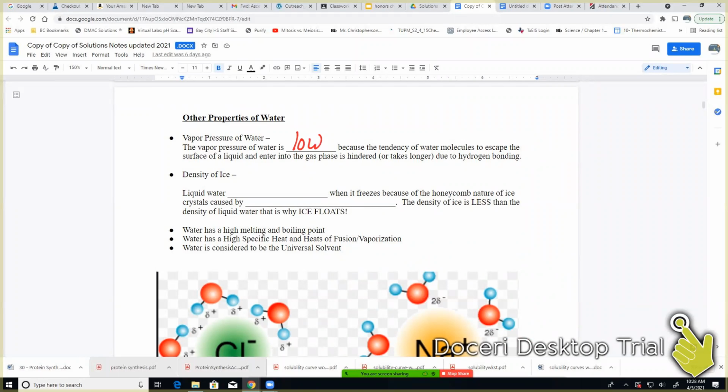We also know that liquid water floats when it freezes. Ice is going to be less dense than water, and that's also because of the way that it forms a solid due to the hydrogen bonding. And then some other things, all of these, just like the ones in the other two columns, are due to hydrogen bonding.